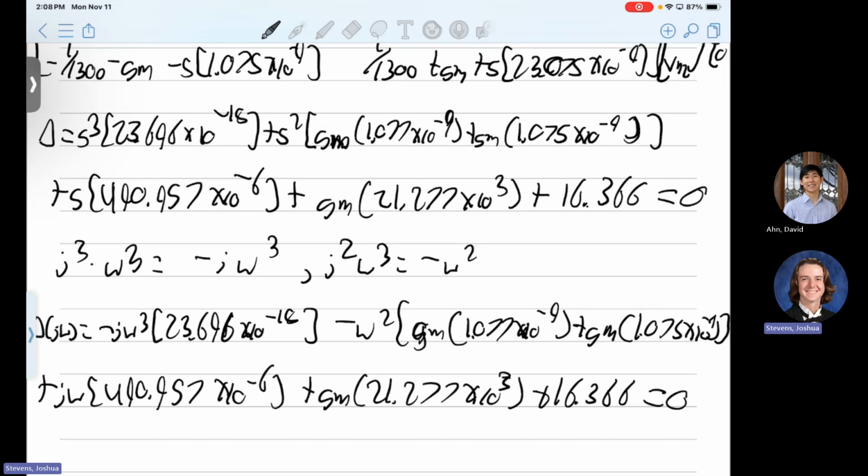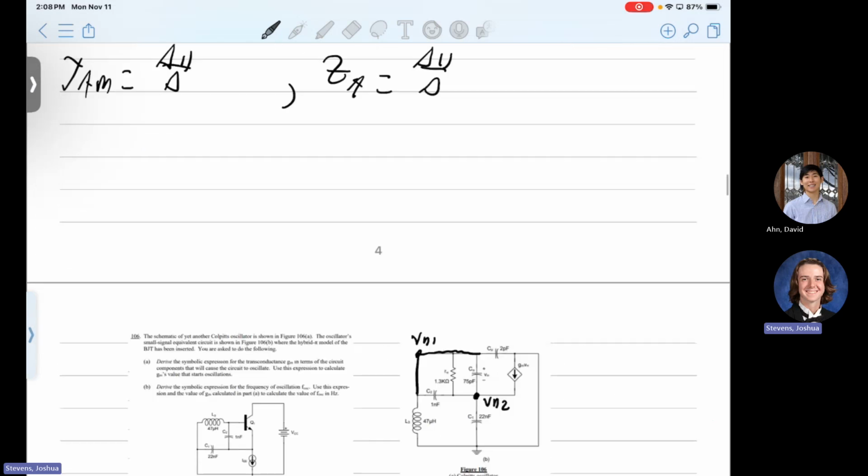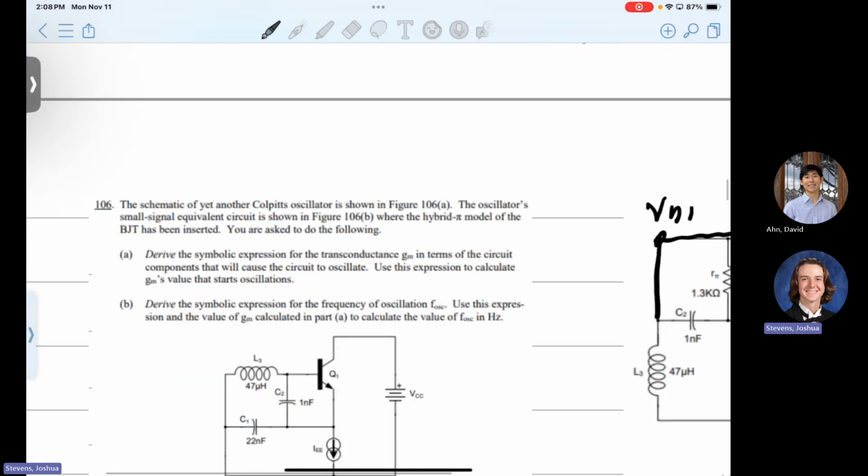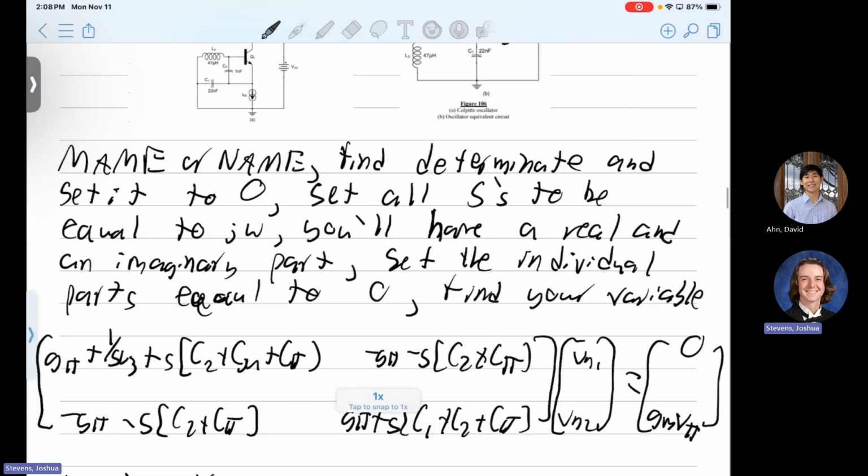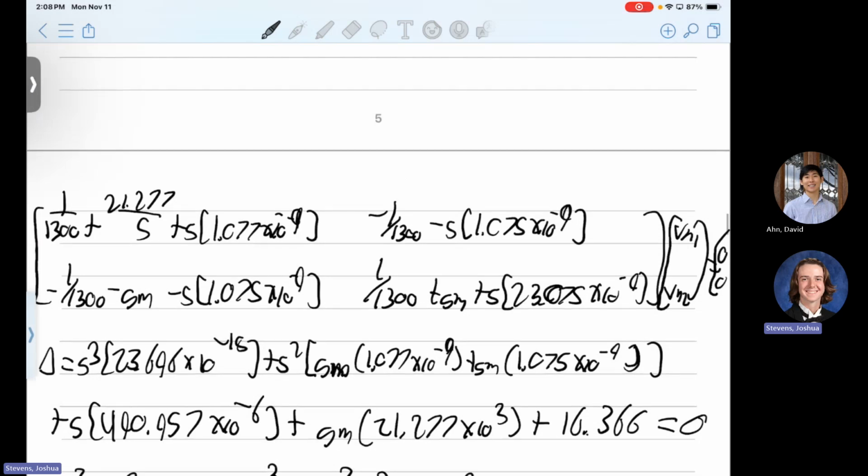Okay, now the next part is take the real and take the imaginary. The way Russell has you do things, he wants you to find GM and then find the frequency of oscillation. But it's actually easier if you do the opposite, because you have real and imaginary parts.